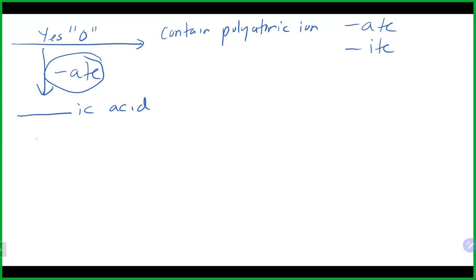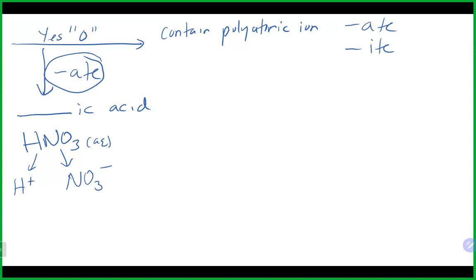So let me give you an example so you can see it. If I take HNO3, right, and this is an acid, again, because it's an acid, the positive ion is H plus. The negative ion here is a polyatomic ion, and this is our friend that we just saw, NO3 minus.